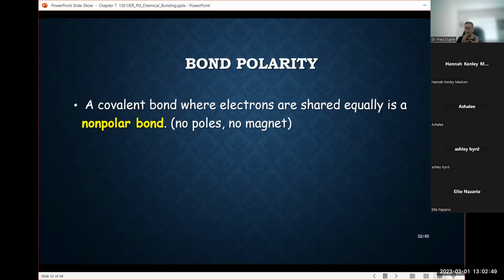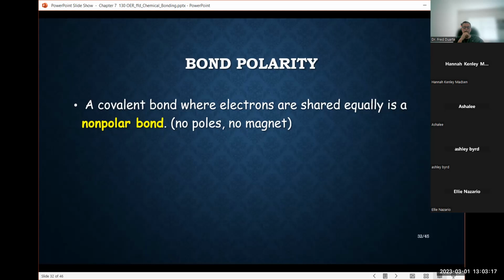What was the criteria to have a covalent bond as compared to an ionic bond? It's 2 non-metals. You got it 100%. So if you got a sodium and a chloride, this doesn't pertain because that's an ionic bond.